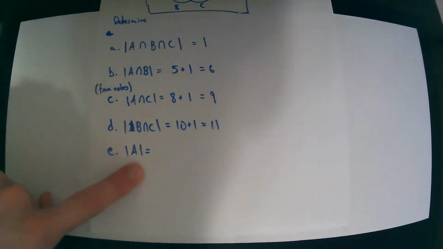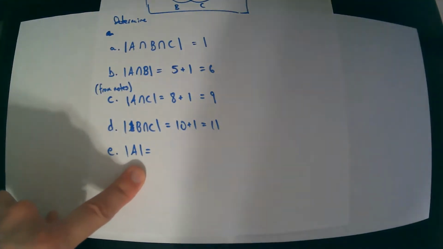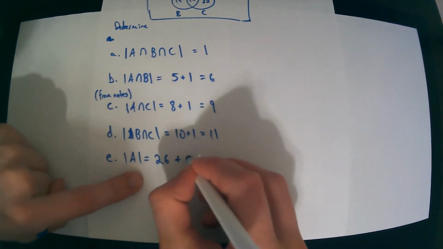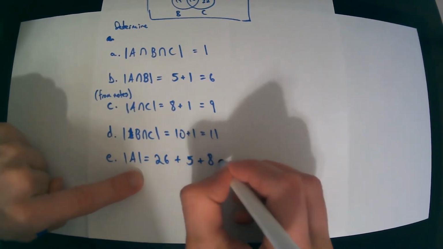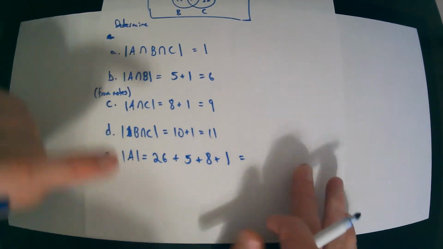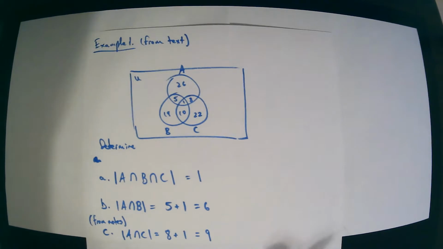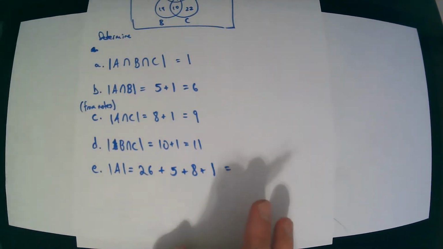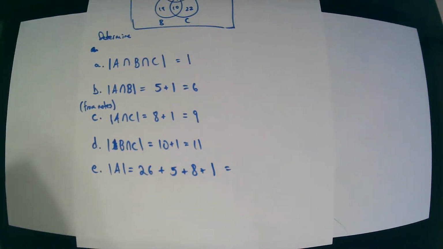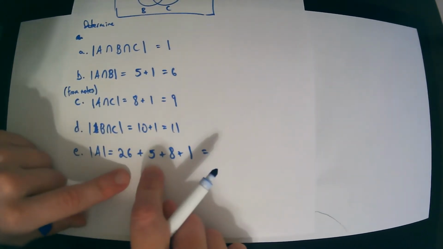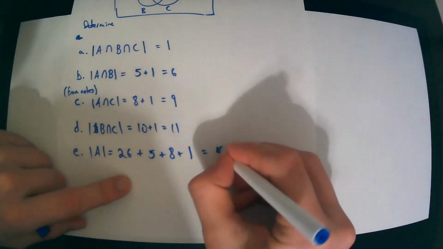How many people are in this one set? So we've got to add all these numbers up: the 26, the 5, the 8, and the 1. Adding all of the numbers that appear in A, that's going to be 31, 39, 40.